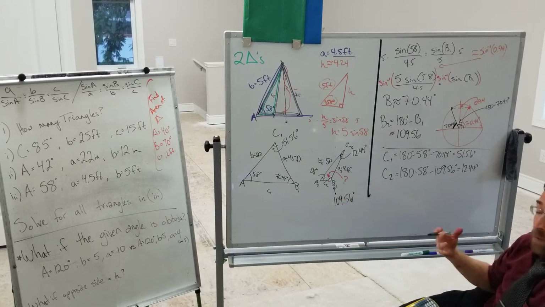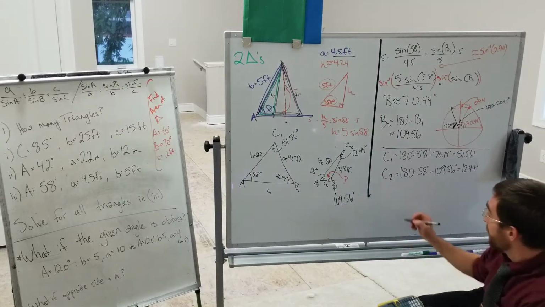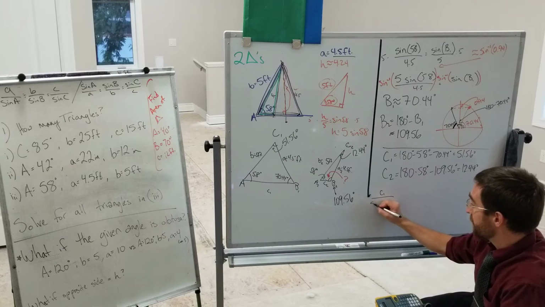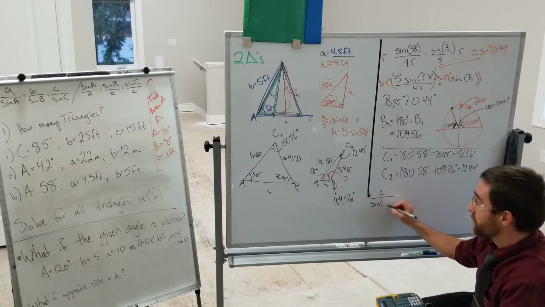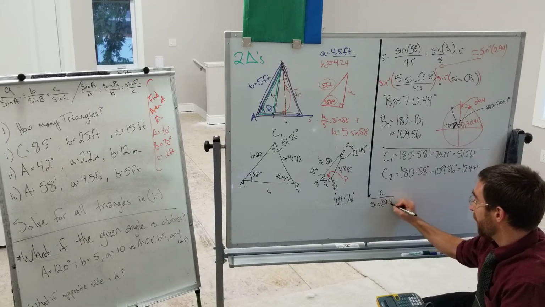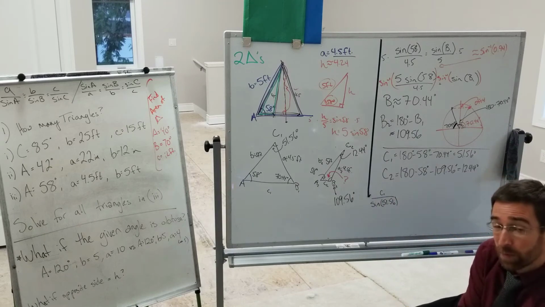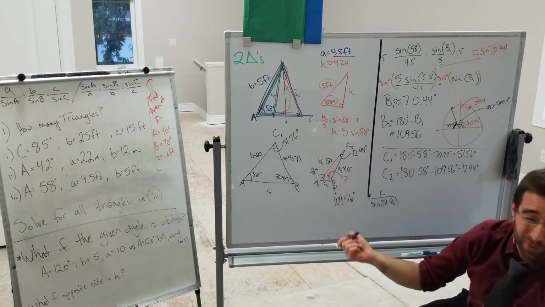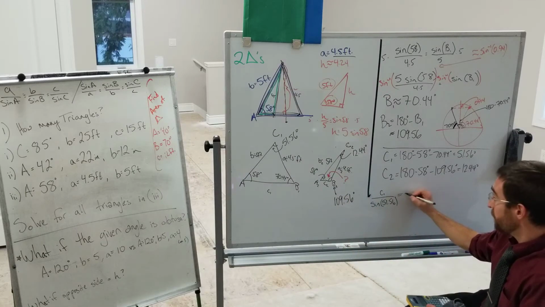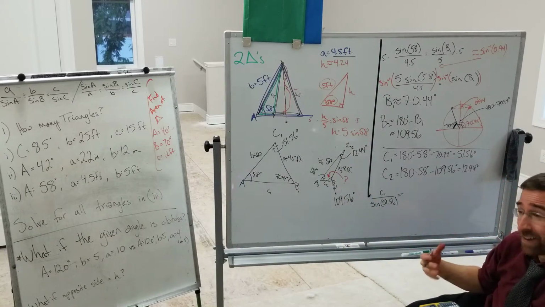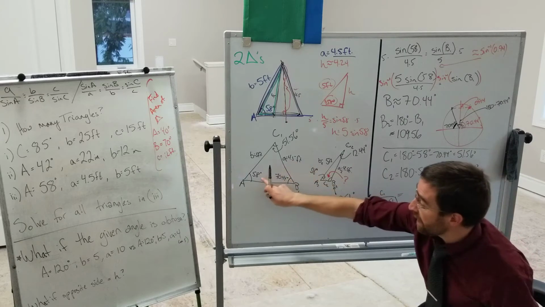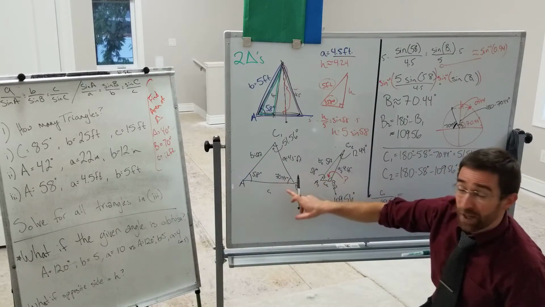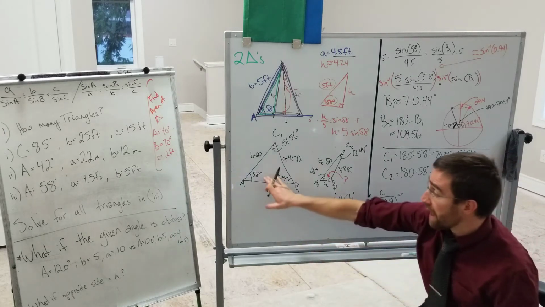So for side C1, I'm just going to use my law of sines. So I go C sub 1 divided by the sine of the angle, 51.56, and it's not going to be perfect because this is a rounded angle. We're just going to do our best with it. But we can choose to use A and sine of A instead of B and sine of B, because angle B here is a rounded number, A is an exact value.